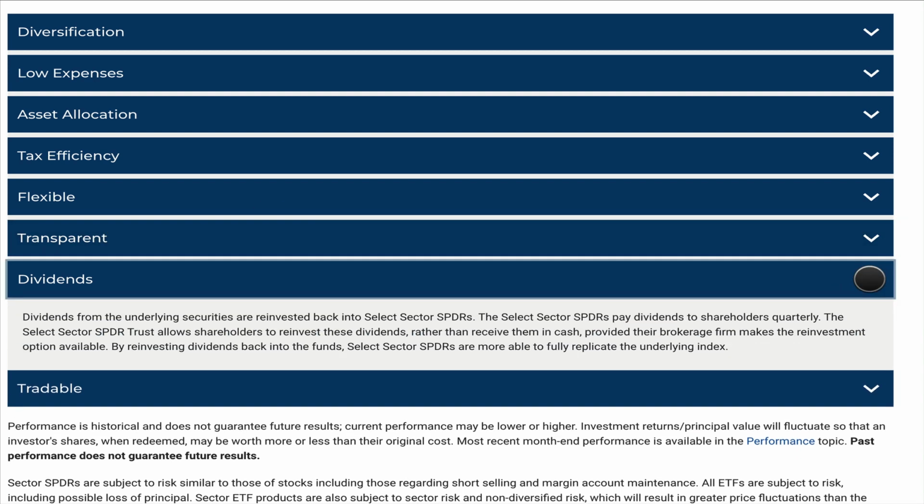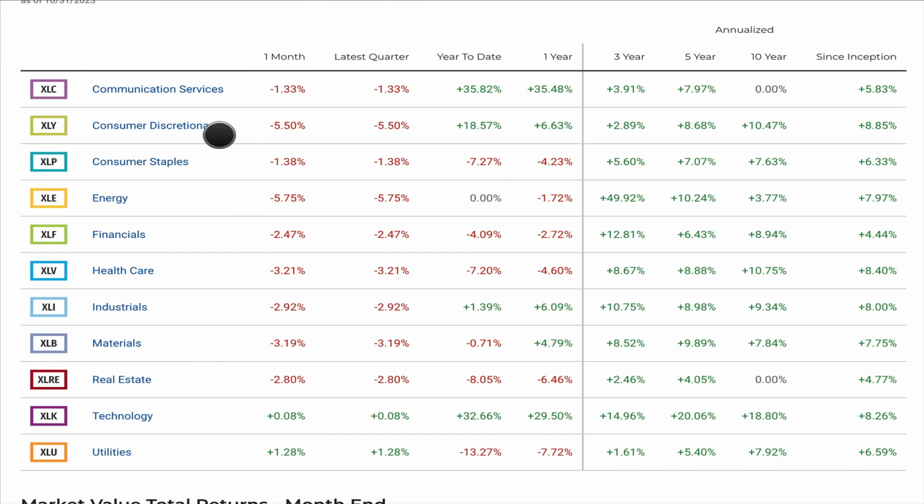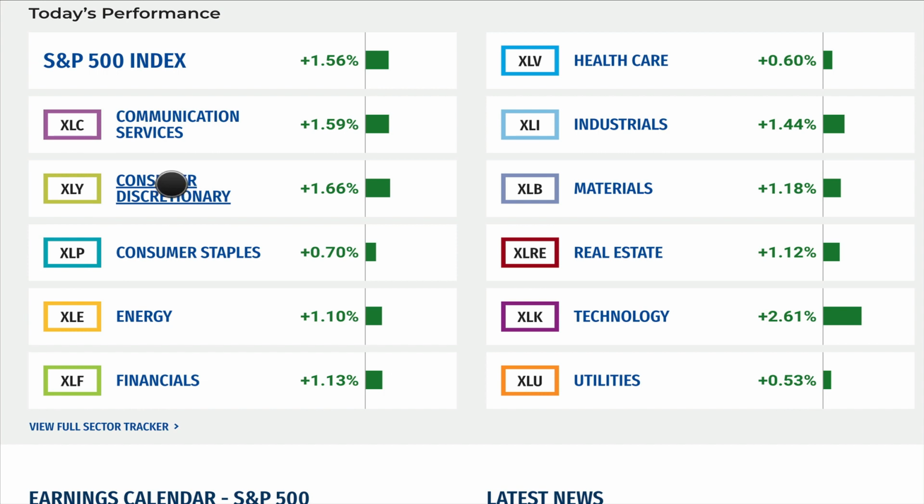Dividends. Let's talk about dividends. This is something very good. If we look at these sectors, communication services have very few companies that pay dividends. Consumer discretionary doesn't pay much dividend. Consumer staples and energy tend to pay a little bit more. Financials pay more dividends, utilities pay more dividends, and real estate pays more dividends than others.